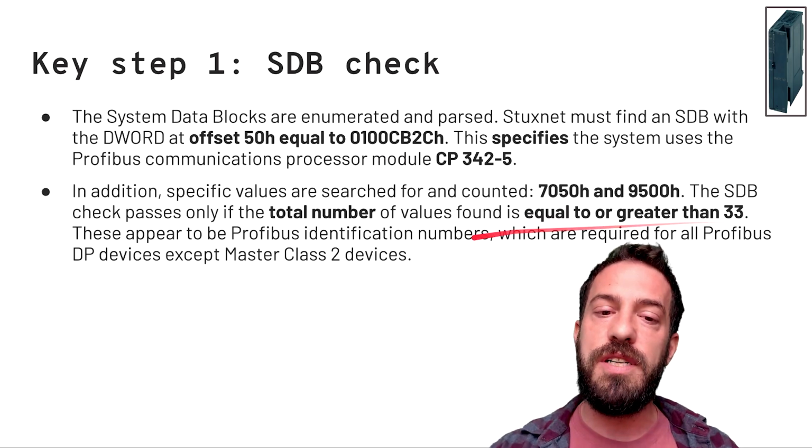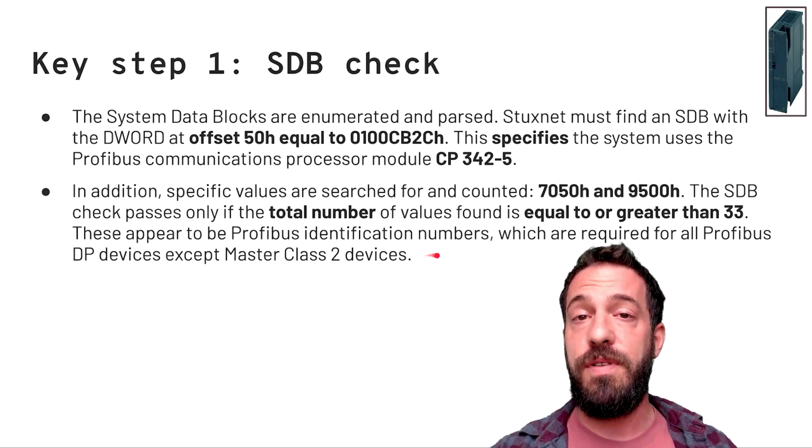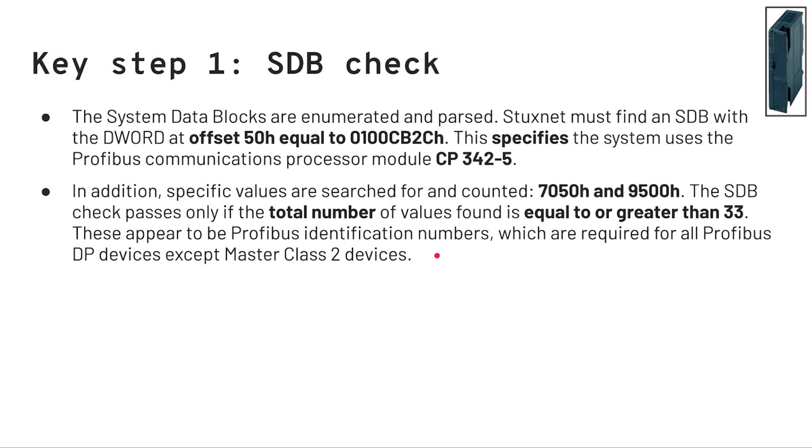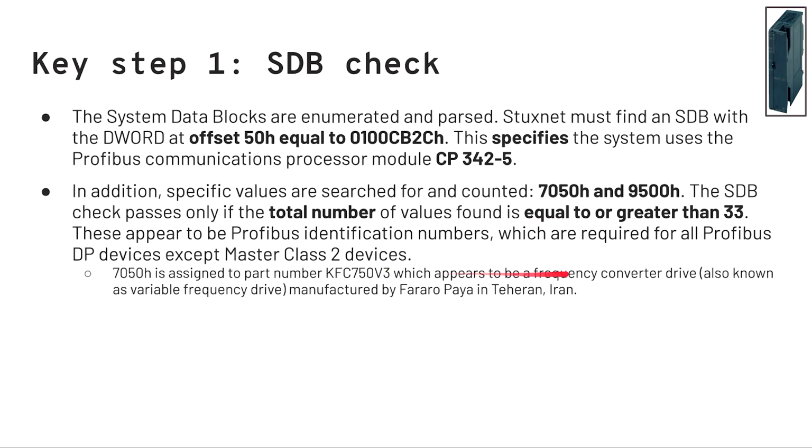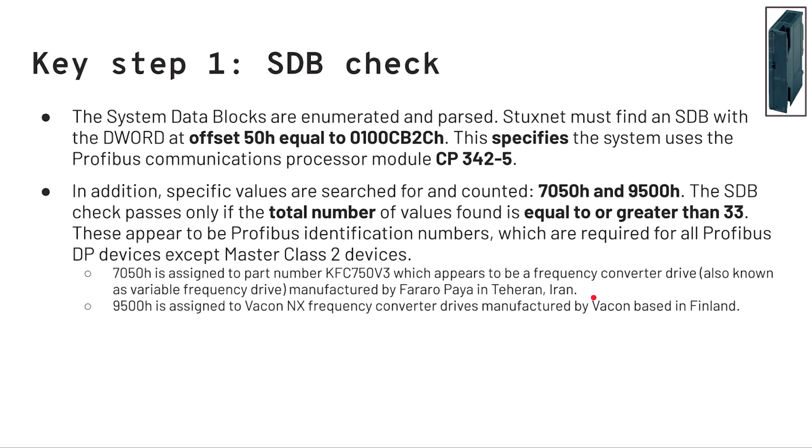So it was looking for specific Profibus IDs, and these IDs would be one, a frequency converter manufactured by a specific company in Tehran, or another frequency converter manufactured in Finland. Stuxnet, through reconnaissance, knew that the specific plant it was targeting had those different frequency converter drives, so it was looking whether these drives were present before doing the final infection.